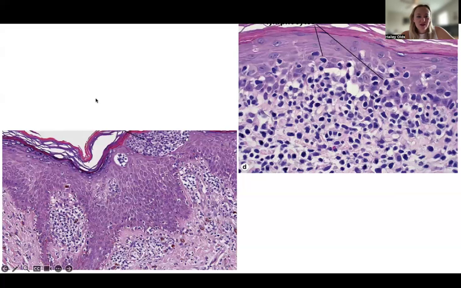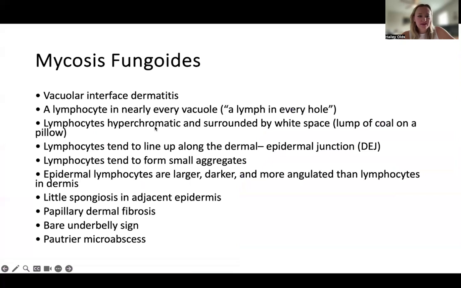Okay, so this one, again, is a lichenoid infiltrate. But you also have these atypical larger lymphocytes forming little collections in the epidermis. And that's kind of what's happening at the DEJ as well. So this is mycosis fungoides.